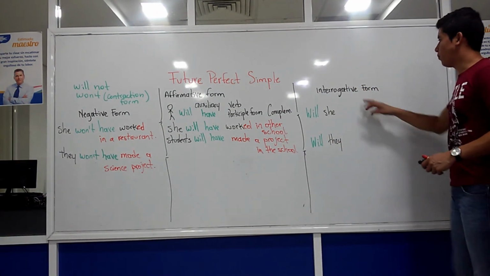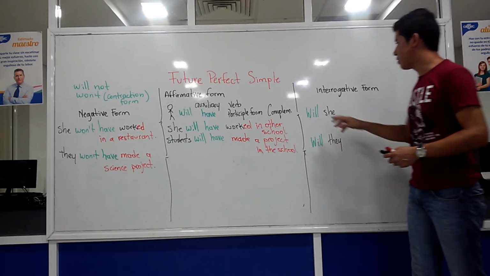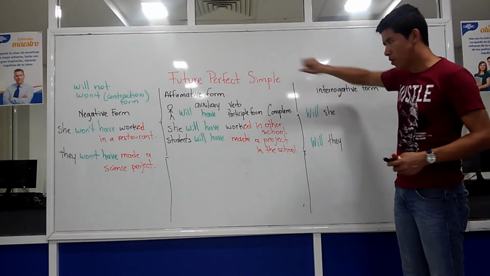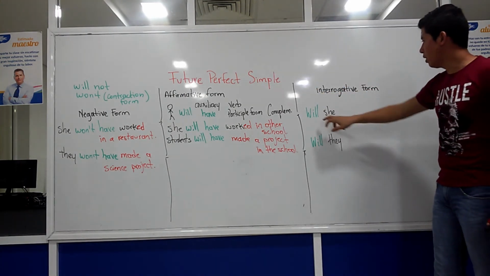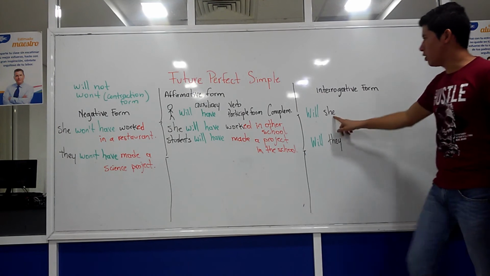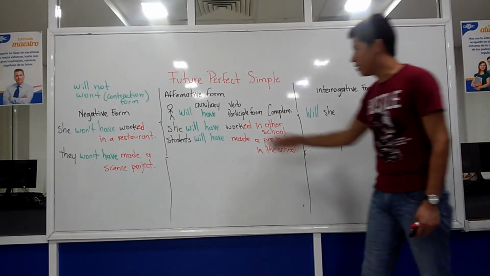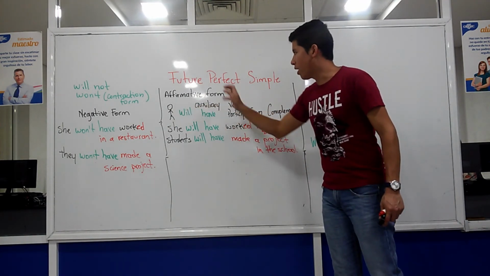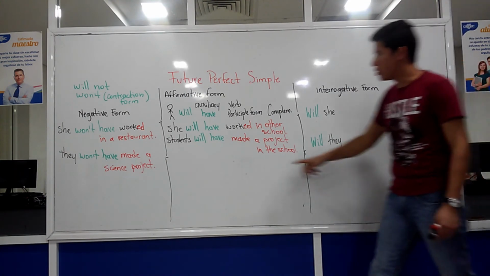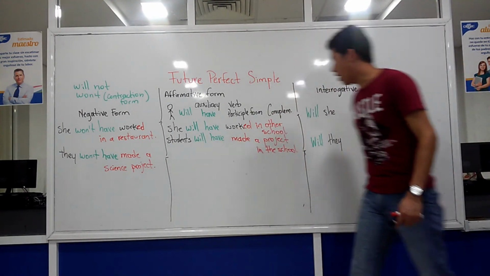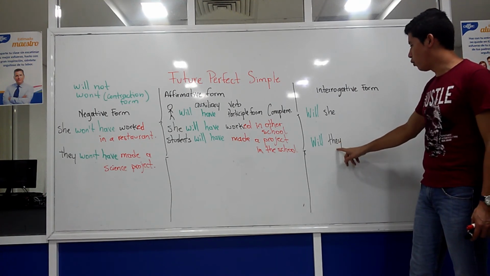Okay, interrogative form, I use will because it's future, and that is the mark about question form in the future perfect simple. This is will, I use will, and this she is the subject. Remember, I'm going to use the same examples in negative and affirmative part. I use interrogative for she and they because I refer to the students in the third person plural form.